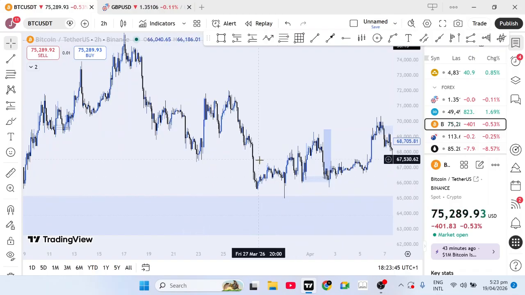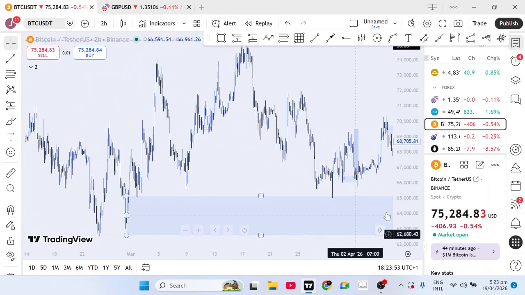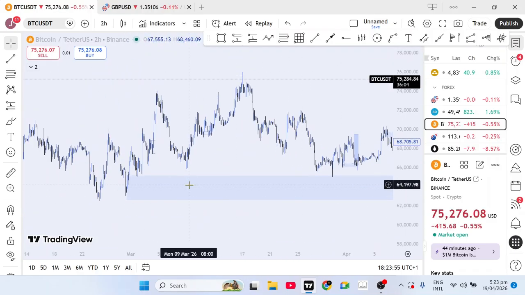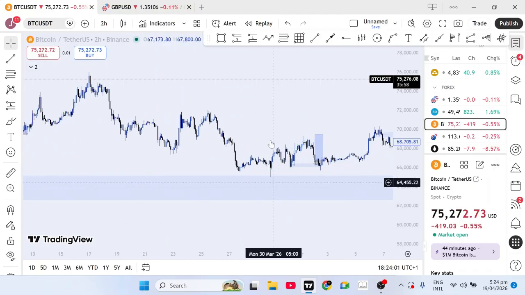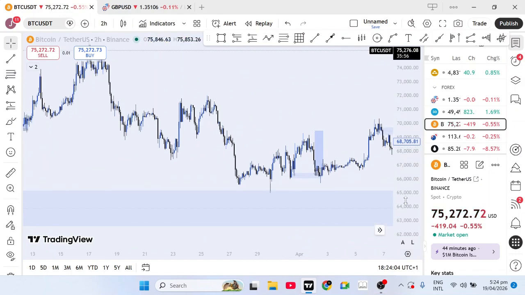Price broke this high, came back to retest this other block, broke this high. What I was seeing was that BTC was reacting from this block right here from somewhere in March. It gave this sharp rejection, which I thought, okay, if this rejection is so sharp, then that means we are willing to move upward from here.